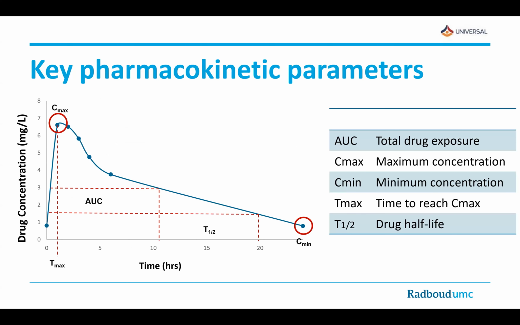So from this curve, we are also able to calculate the corresponding pharmacokinetic parameters. An example is the AUC, which is also called the area under the curve, which represents the total exposure of a drug, in this case over 24 hours. Or we can calculate the drug half-life, for example, the T half, which indicates the time for the drug concentration to decrease with 50%.